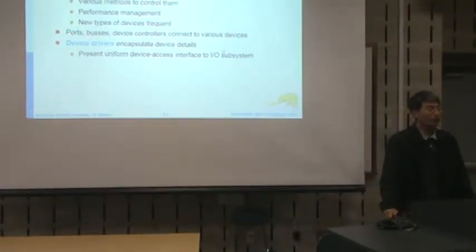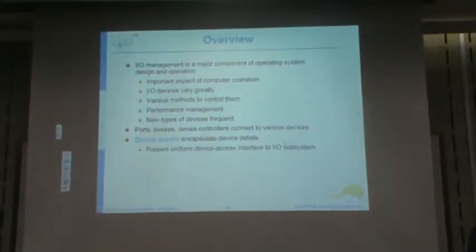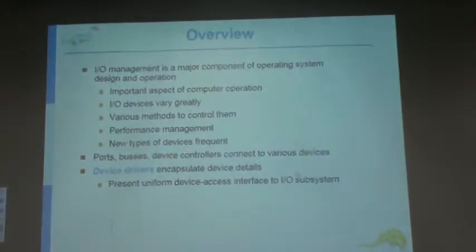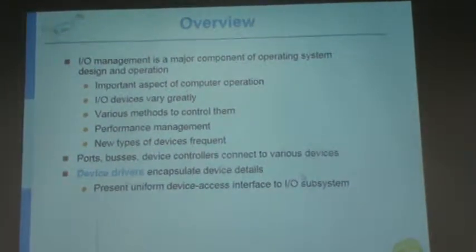So the speed of input and output from the device is very, very critical for the overall performance of the computer system. In other words, the I/O part is a kind of bottleneck of the computer system.